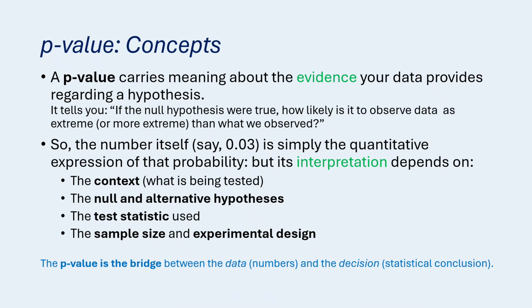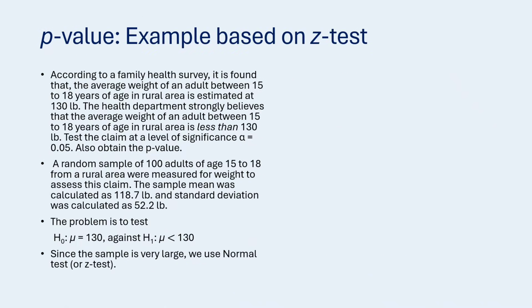So don't take it for granted. The computation of p-value involves, statistically speaking, all these components. The p-value is the bridge between data and the decision. We all work with data, so how do you connect that data to the decision which you are going to make further? There comes the importance of the p-value.